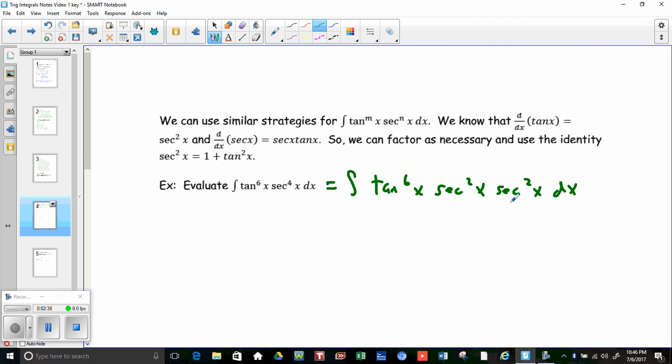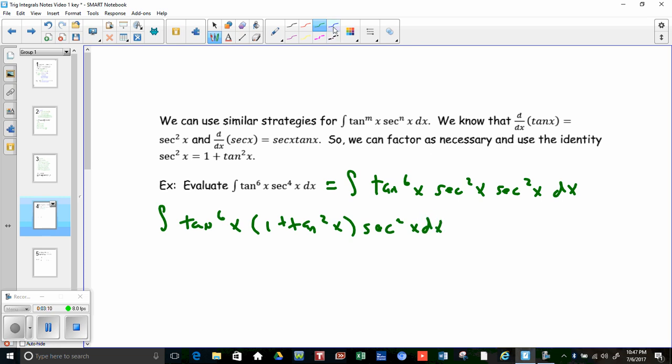So let's go ahead and do the substitution using the identity here. We're going to replace secant squared x with 1 plus tangent squared x. So we still have a tangent to the 6th, secant squared x becomes 1 plus tangent squared x, and then I still have that secant squared x dx.